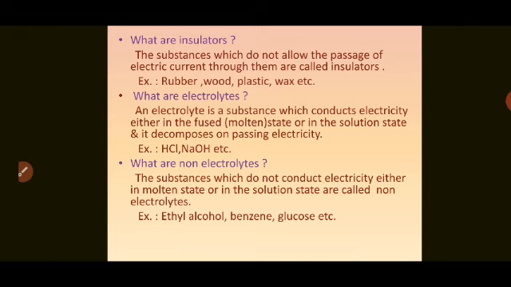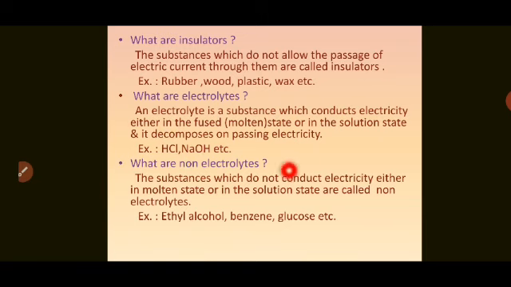So in either fused form or solution form, if that substance conducts electricity, then we say it is an electrolyte. It decomposes on passing electricity, meaning it produces ions. It does not remain in the same form as we took in the beginning. Remember this. Examples are HCl or NaOH, etc.